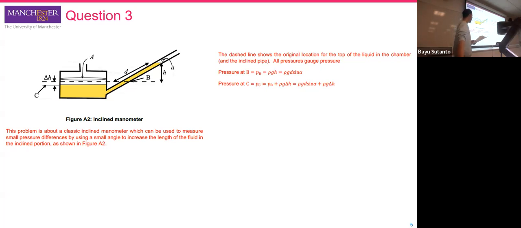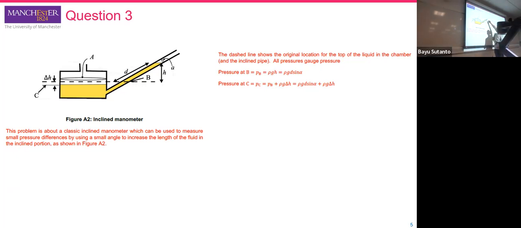And then next, from the pressure at P, we can go to the pressure at C. We have a vertical line here between P and C, where the distance is equal to delta H. Please be reminded that this is h and this is delta H, so it's different.